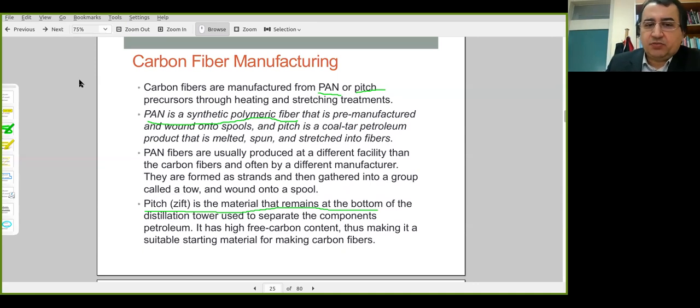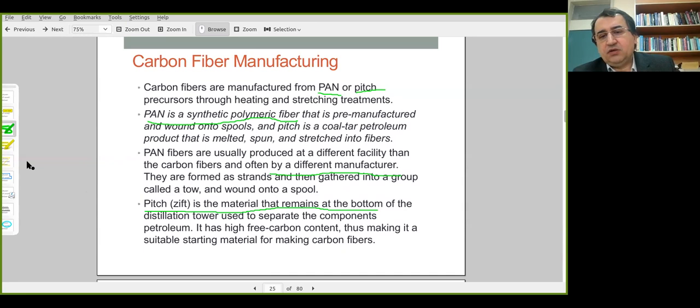These fibers are produced at a different facility than the carbon fibers, and they could be produced by a different manufacturer, actually. They are also formed as strands, or what is called a tow for carbon fibers, and these precursor fiber materials have to be made available to the carbon fiber manufacturer.